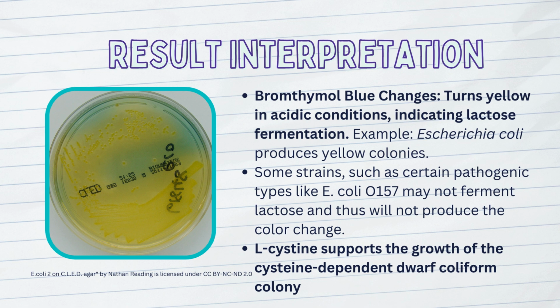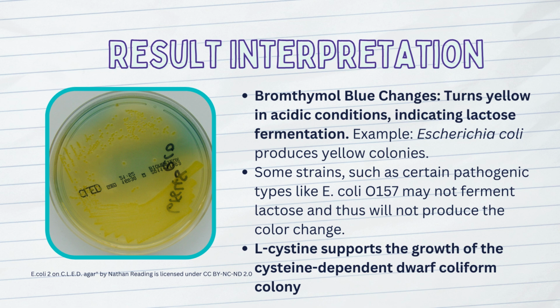Just like in an earlier video clip in the beginning of this video, you will see that it says non-lactose fermenting E. coli, and you see that it is blue. Meanwhile, in this photo on the side, this is an E. coli strain that can ferment lactose, thus resulting in yellow colonies. So that's very important knowledge to remember.